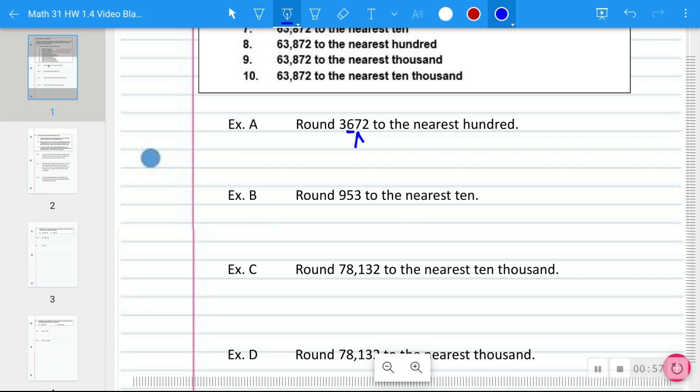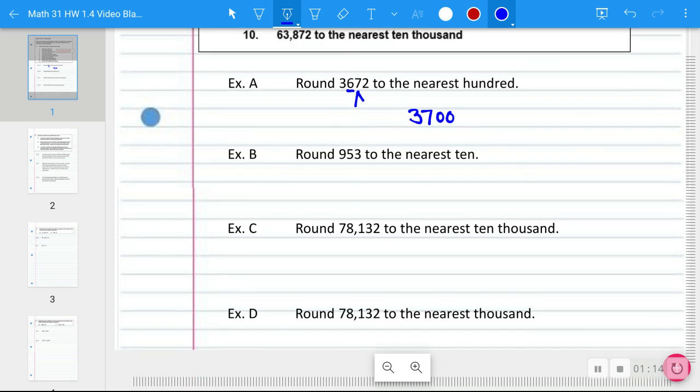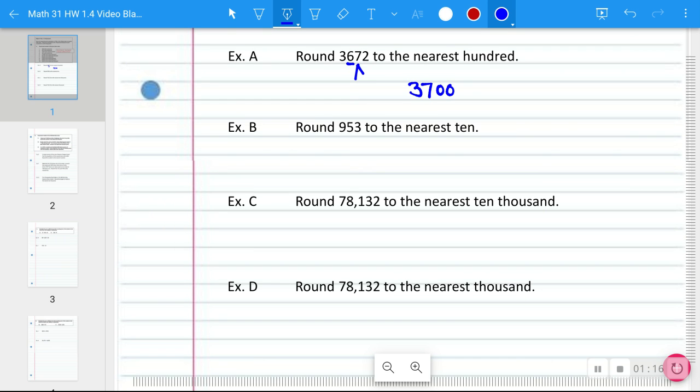So with a 7 next door, you're going to round up to 3,700. So the 6 becomes a 7, and then all the digits to the right just turn into zeros. So 3672 rounded to the nearest 100 is 3,700. Okay, the next one here, we're supposed to round to the nearest 10.